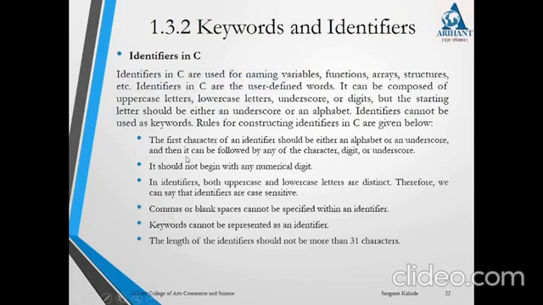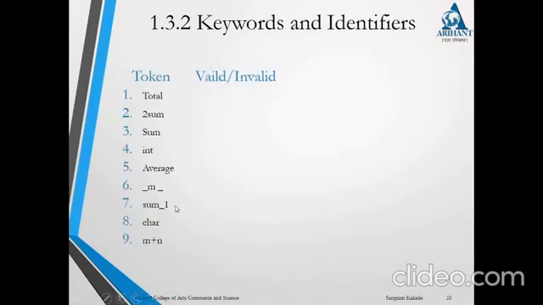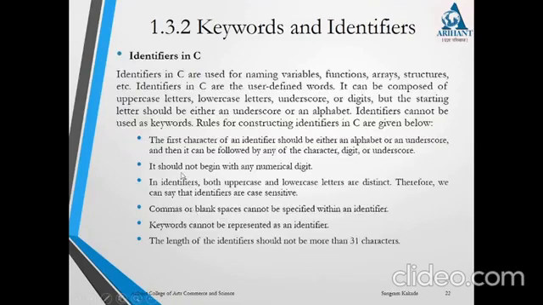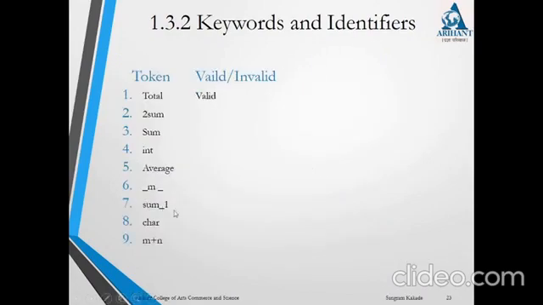It can be followed by any characters, digits or underscore, which is true again because it is followed by a digit and an underscore. It should not begin with a numerical digit, and it doesn't. It is also not a reserved keyword, so it is valid.